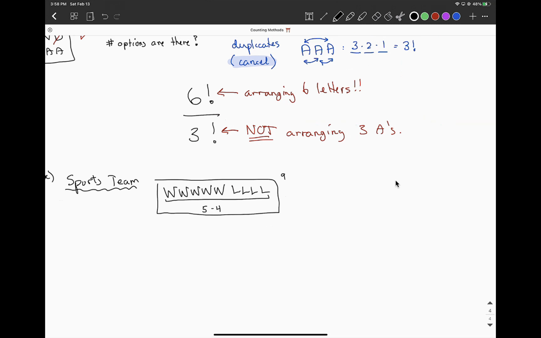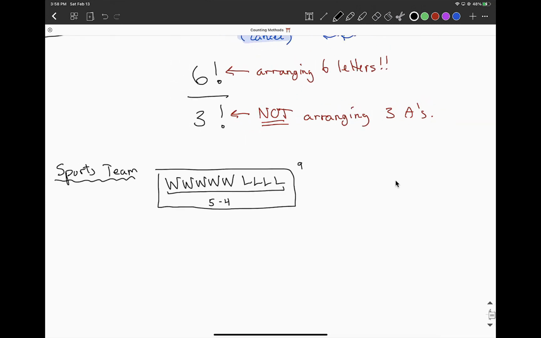And this opens up a really nice idea, where I could say, well, if I just treat this like a word, not really a real word, but that there are 9 elements.